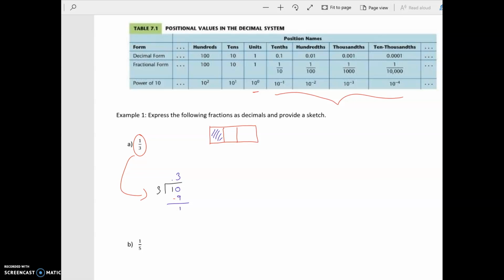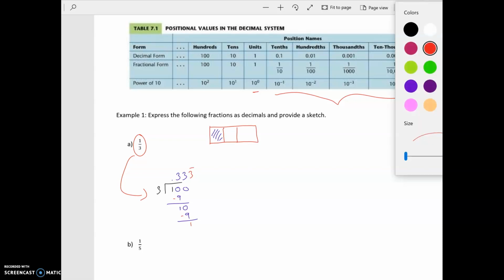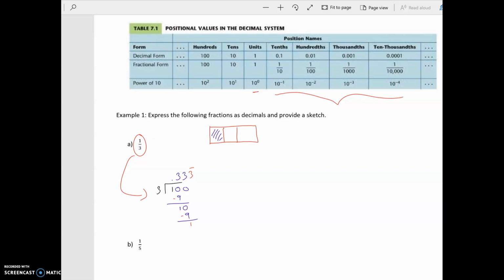At this point, we end up in one of these repeating loops. As we drop another 0 into the 100th place, 3 times 3 is equal to 9, and if we subtract, we end up with 0.33 repeating. Be careful on how the homework wants it.